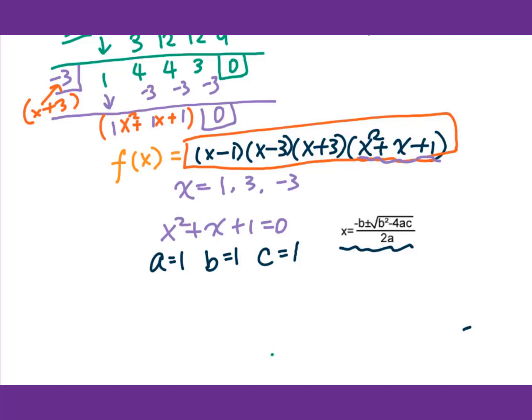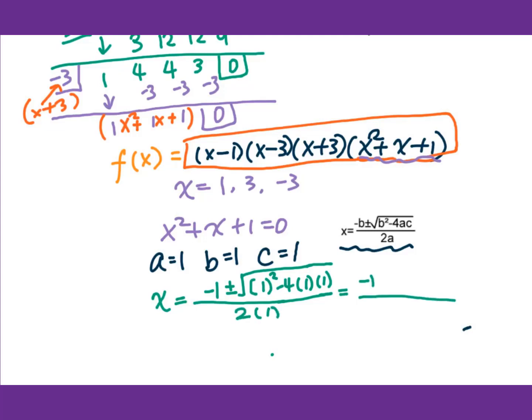Therefore, x equals negative b, that's the opposite of b, negative 1 plus or minus b squared, that means 1 squared minus 4ac over 2a. Therefore, we got negative 1 plus or minus square root negative 3 over 2.